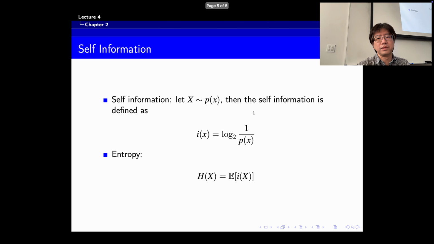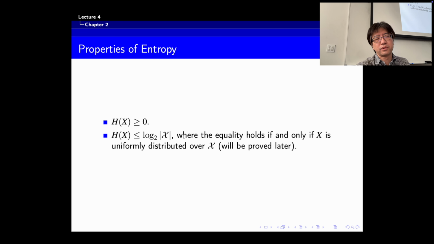The meaning of self-information is the uncertainty of each outcome, small x. If we take the expectation, or an average of it, it gives you the entropy. It basically means that entropy is an average concept: on average, this is the total uncertainty.